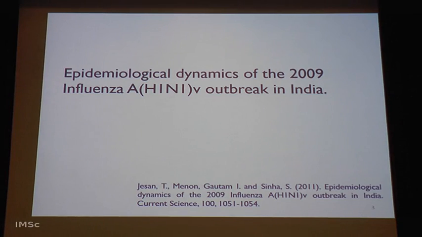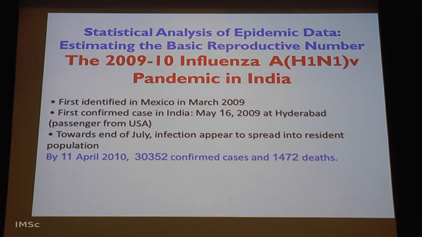The first topic is the epidemiological dynamics of the 2009 influenza H1N1 outbreak in India. Everyone knows this. The first identified H1N1 infected person was in Mexico in March 2009. The first confirmed case in India was on May 16, 2009 at Hyderabad, a passenger from abroad, the USA.